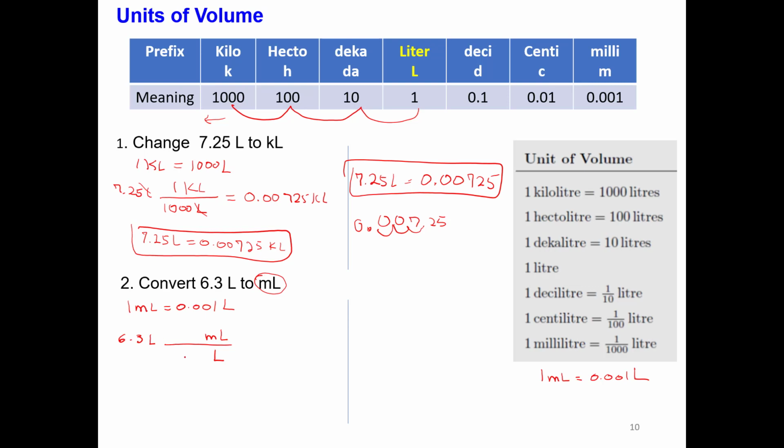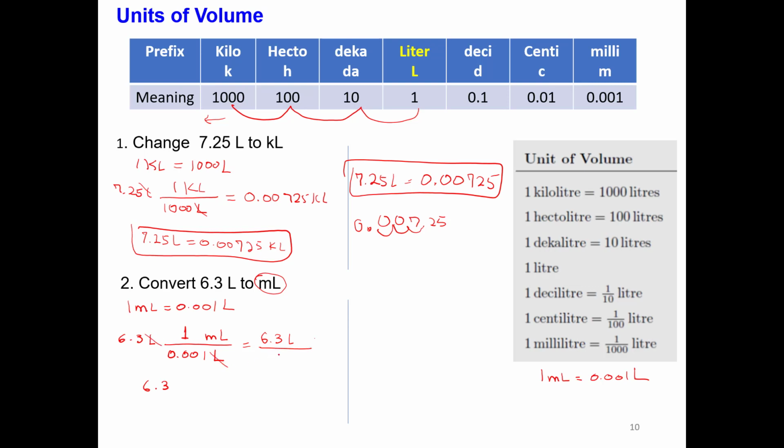And here we need to write the conversion factor. Milliliters over 0.001 liters. And if we divide these two numbers, we will get 6,300 milliliters. Let me write maybe all the steps will be better. 6.3 liters.